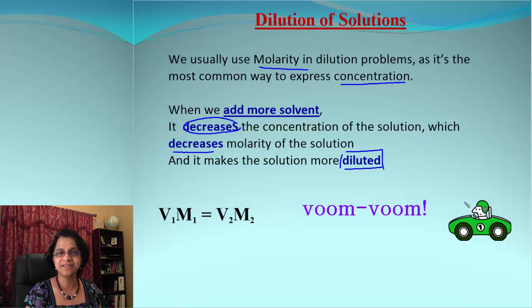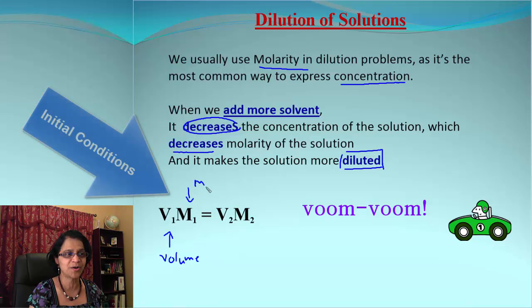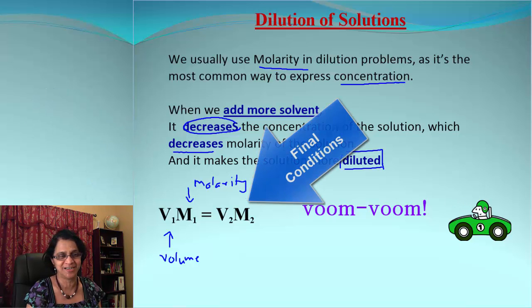Now there is an easy formula for calculations of dilution, which is V1M1 equals V2M2. V stands for volume and M stands for molarity. And 1 and 2 are the conditions, initial and final conditions.